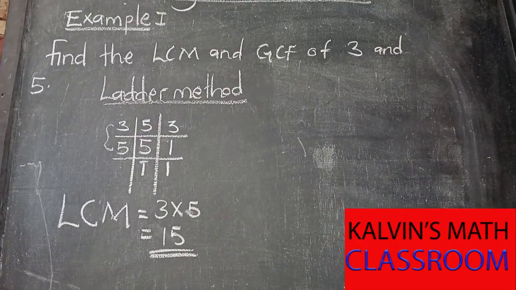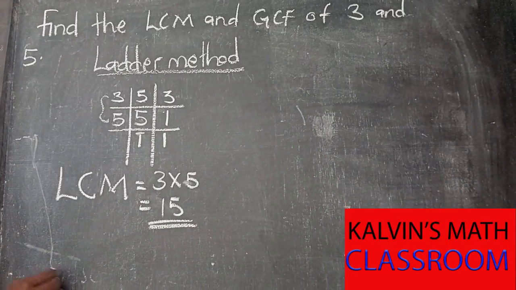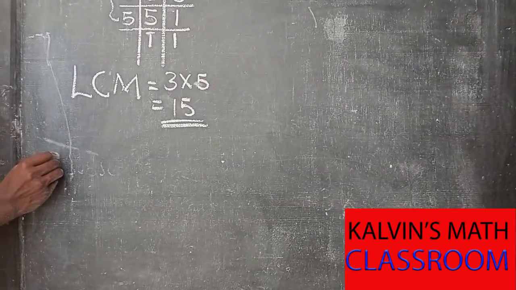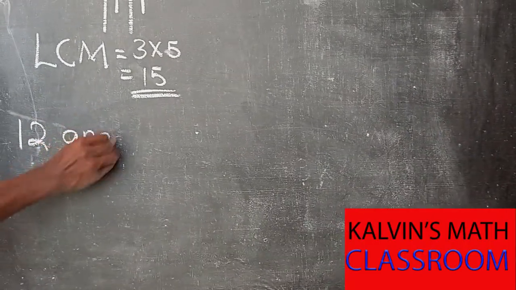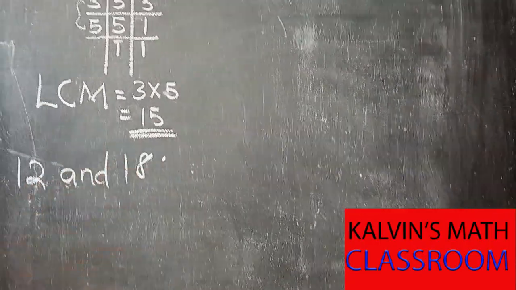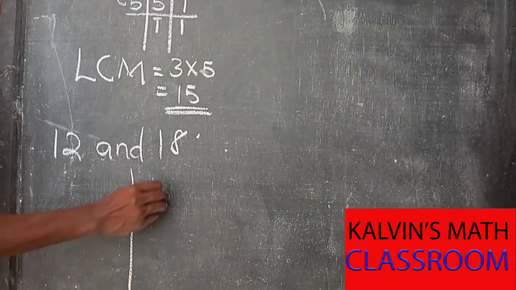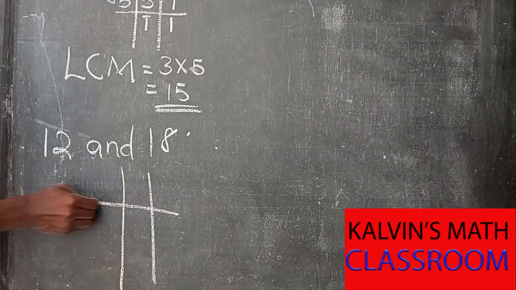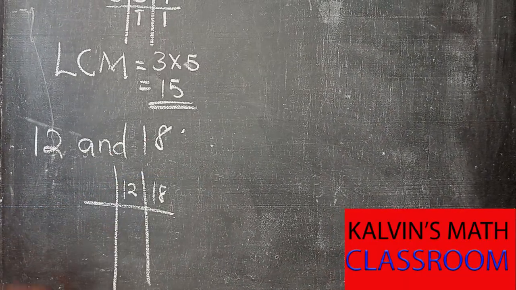Now, in the second example, we are going to use 12 and 18. Now, 12 and 18, we draw our ladder. This is 12, this is 18.